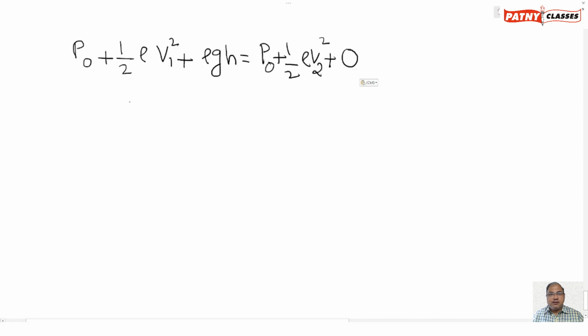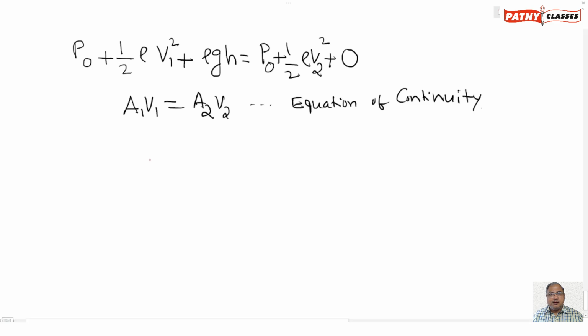Now using the equation of continuity, that is A1 V1 equals A2 V2. This is called the equation of continuity. From this, we can get V1 equals A2 V2 divided by A1.